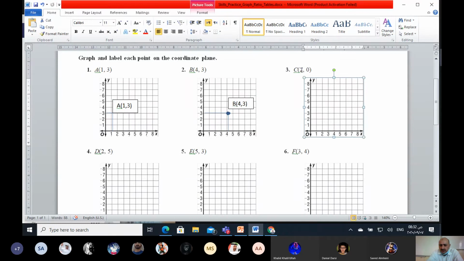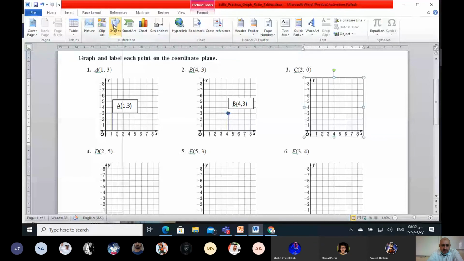Always the first number in the ordered pair means the location on the x-axis, and the next number means the location on the y-axis. So here we have 2 on the x-axis, and no number on the y-axis, 0. This means the point is just here on the x-axis.